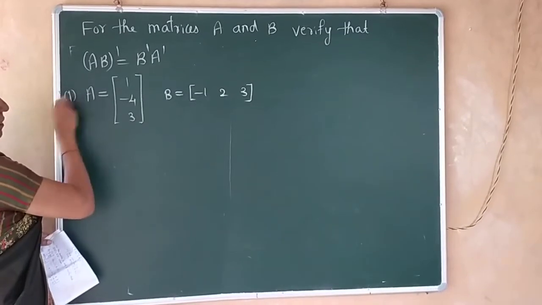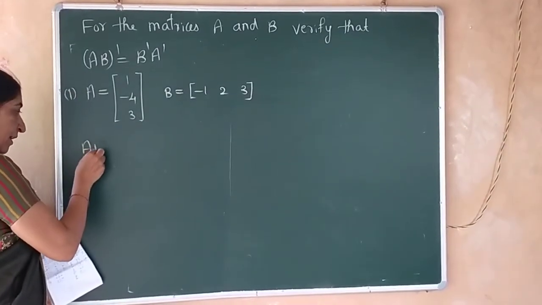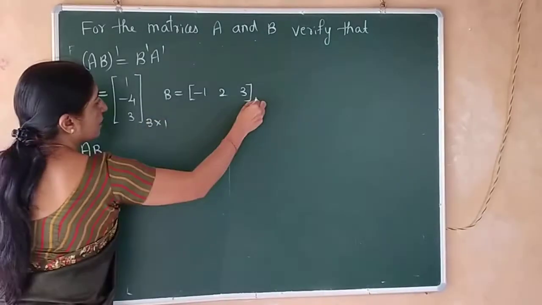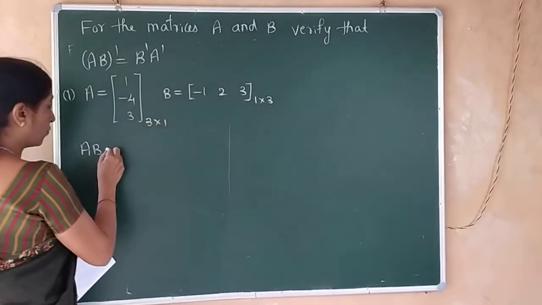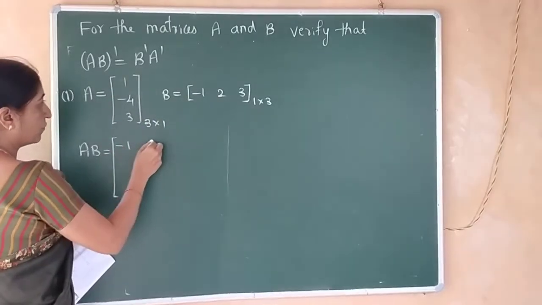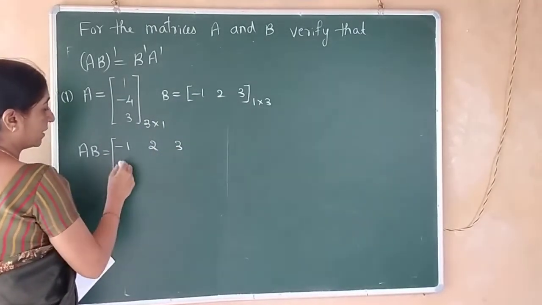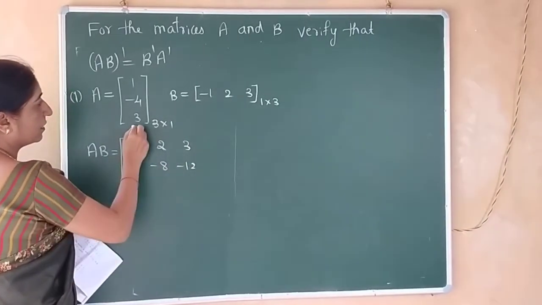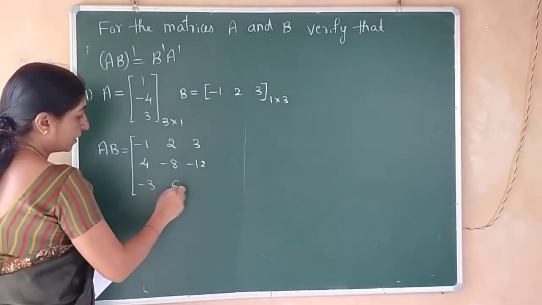So here first I am calculating AB. Before that I am writing the order. This is of 3 by 1 and this is of 1 by 3. Go for AB, row with column. [-1, 2, 3], next [4, -8, -12], then [-3, 6, 9].